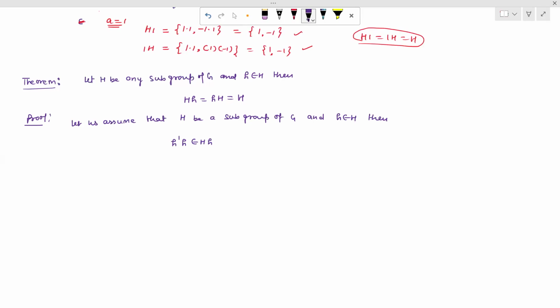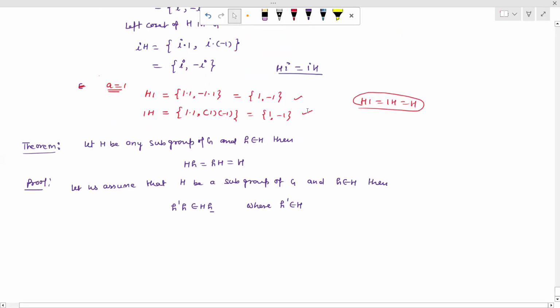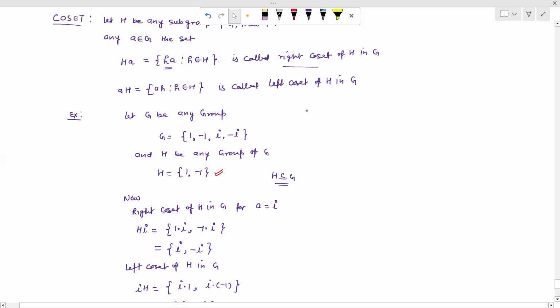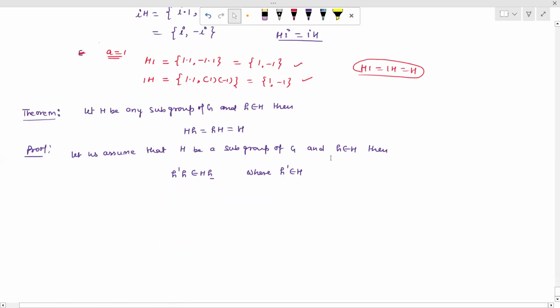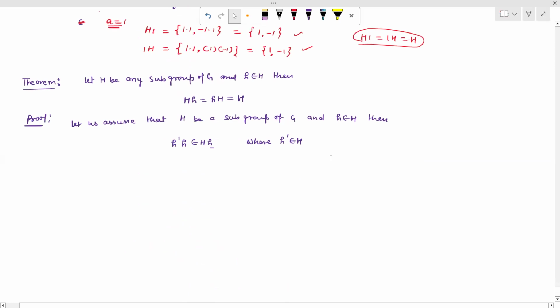So here this h' belongs to H. Because this element is a right coset element, we write as per the definition, Ha equals Ha, where a belongs to G, so h belongs to H. So we write h'h belongs to Hh.